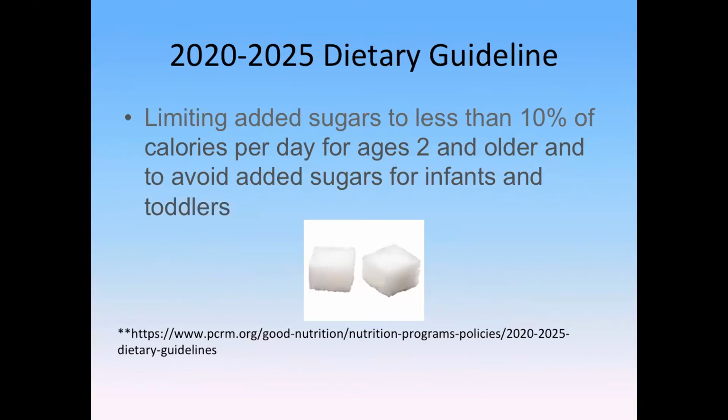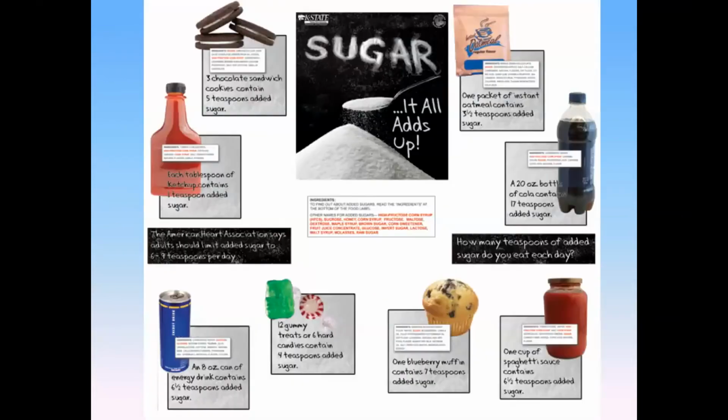Now, limiting added sugar to less than 10% of calories per day for age 2 and older, and avoiding added sugars for infants and toddlers is very important because these sugars can be harmful for children and for adults. They can add up to the calories and to the sugar that they are consuming.